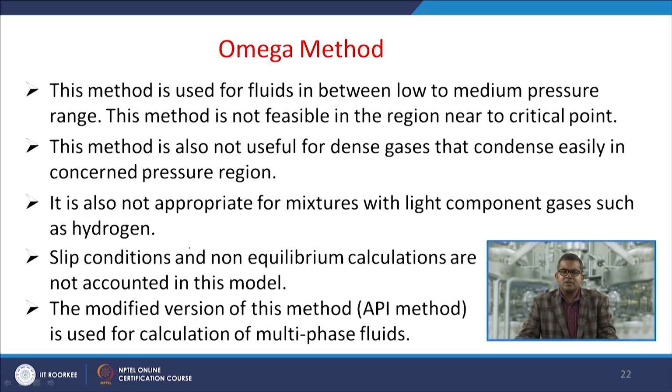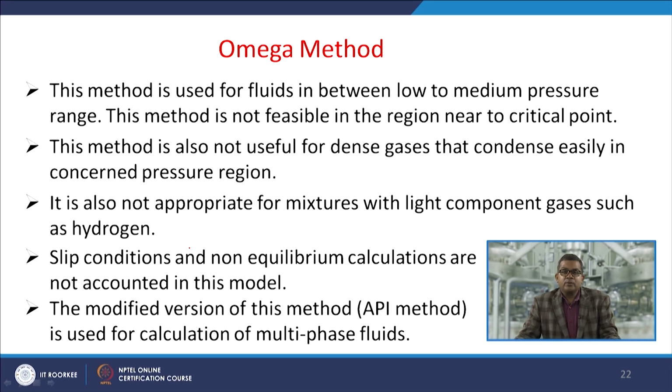Now, this method is not at all feasible in the region near the critical point. This particular point we have discussed in the previous diagram. Now, this method is also not useful for dense gases that condense easily in the concerned pressure region. So, we have discussed the pressure region in that particular diagram.